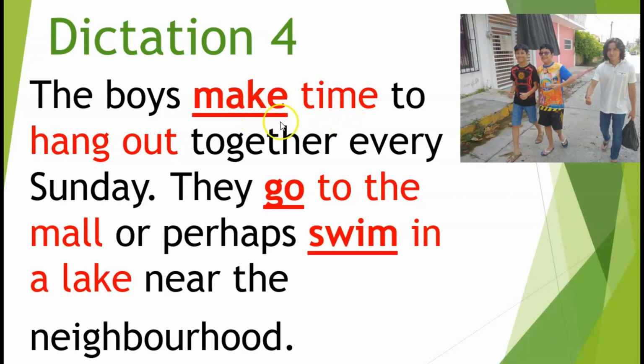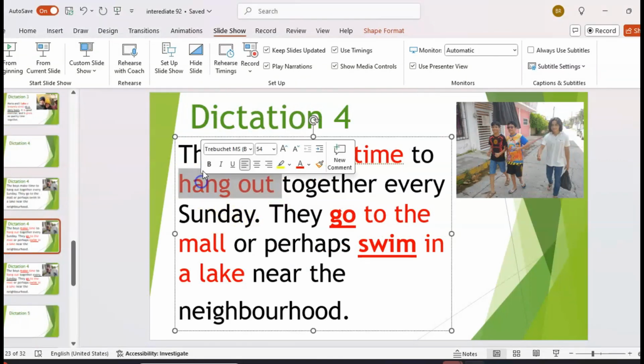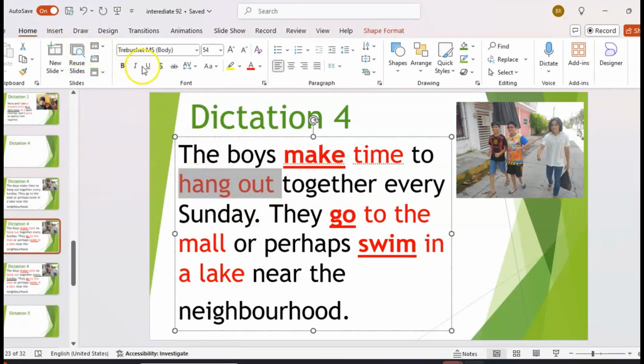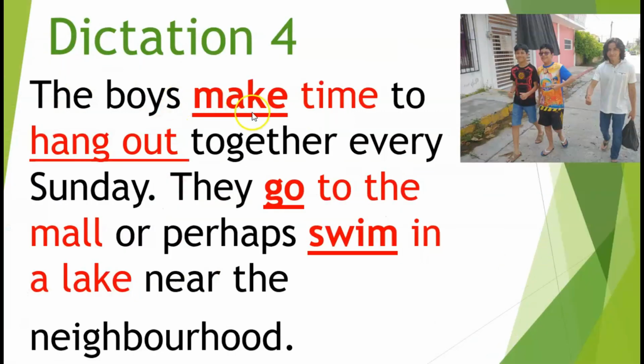Another one is hang out. So we have make time, hang out, and then often we will say hang out together. So these boys want to hang out together. Then we have go and swim.